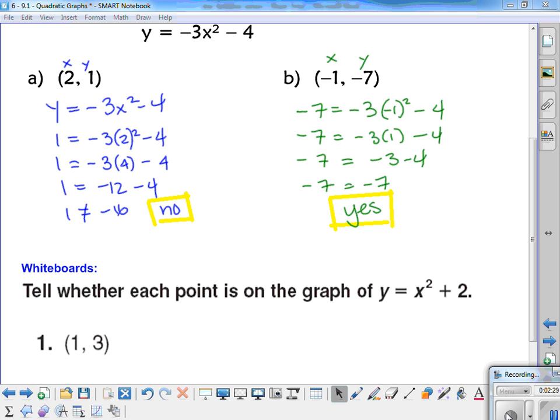Okay, so on your whiteboards, I want you to tell whether this point is on the graph of y equals x squared plus 2. So we'll start with the point 1, 3. So let's plug it in and see whether or not it works.